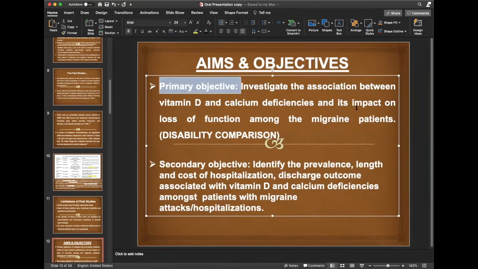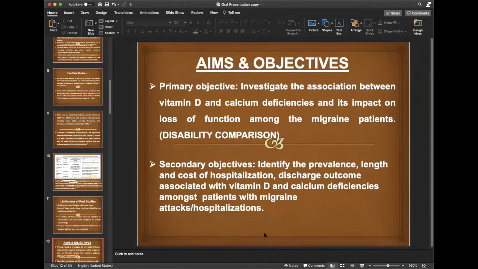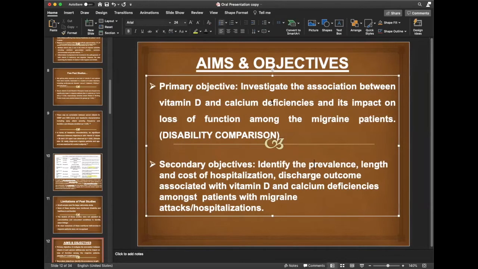If you have many objectives, then I can put secondary objectives, or you can do primary, secondary, tertiary objective, or aim one, aim two, 2A, 2B, 2C. So, let's say the primary objective is to investigate the association between risk factor and the disease. Let's say the primary objective was what?